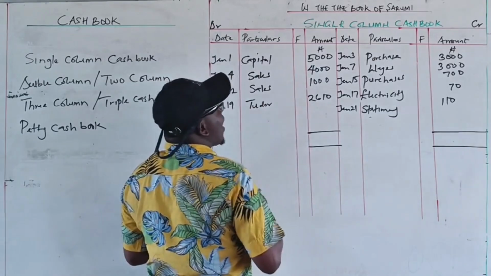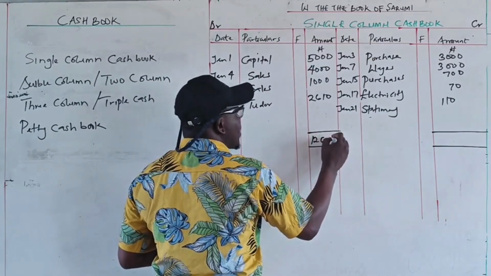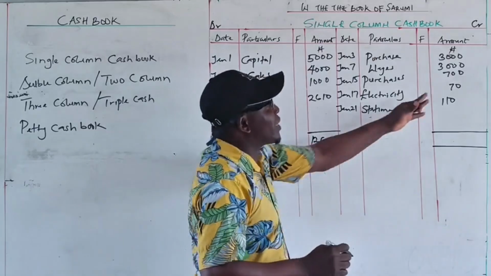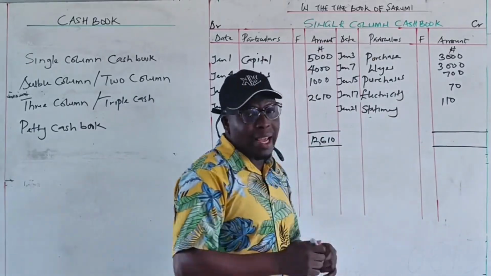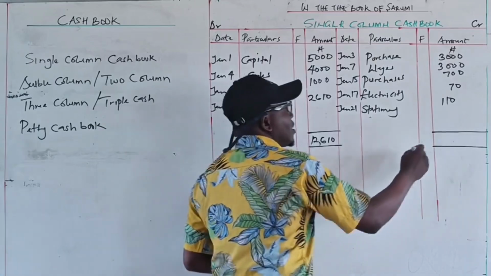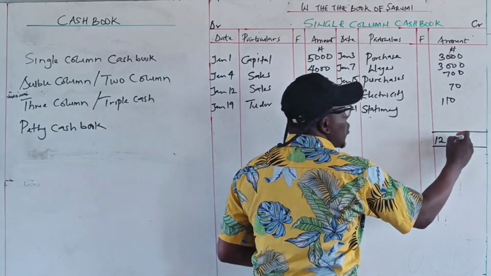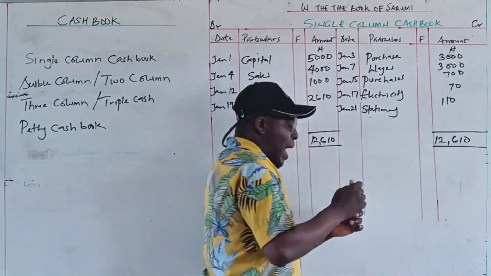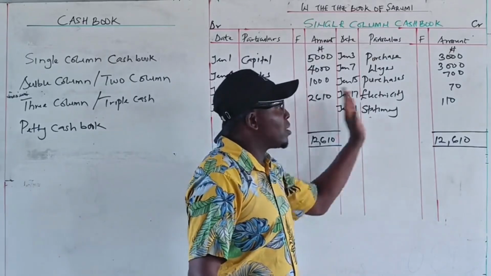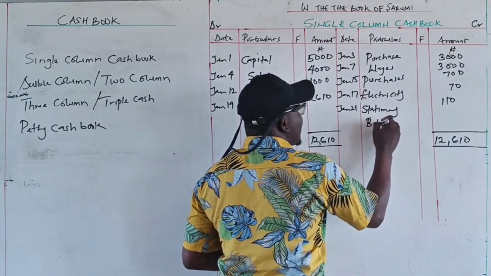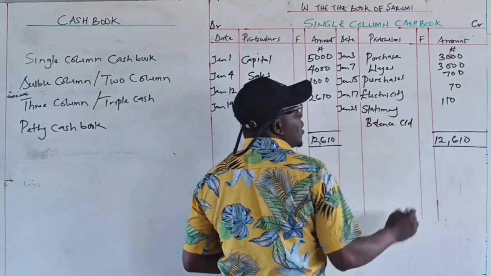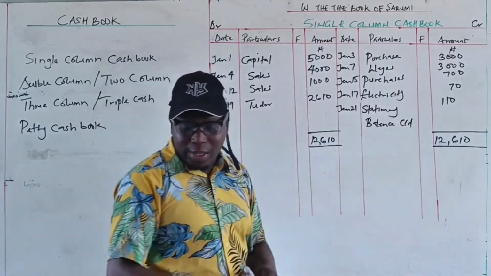So here we have 12,610 naira, which is greater than the value we have here, which is 6,880 naira. So we use the higher value to close our account, and look for the difference on both sides. So the difference will be our balance carried down. So we have 12,610.